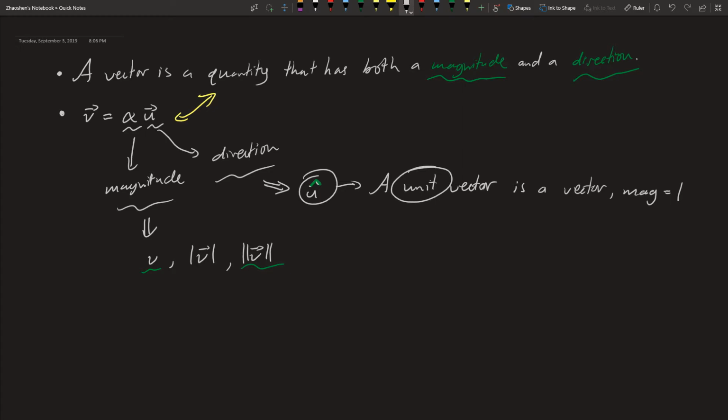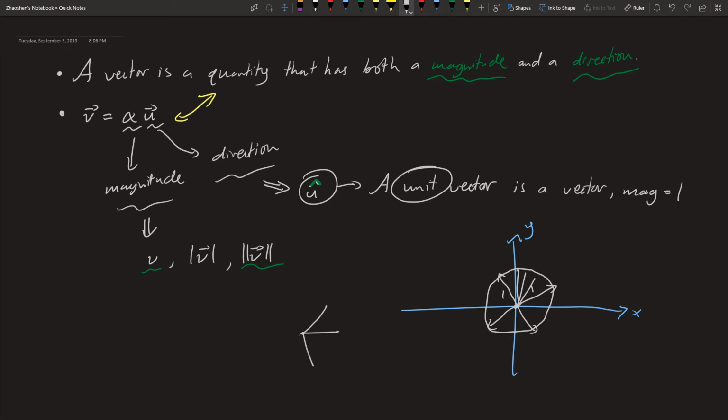Now, what about its direction? Let me draw my axes. This is my x, that's my y, and my vectors will be centered at the origin. This unit vector, for example u, has a magnitude of 1. This vector has a magnitude of 1, and this one too, and if you draw all of them, you'll see that they lie on a circle, because a circle is defined by a point and a distance: every point is the same distance away from the origin.